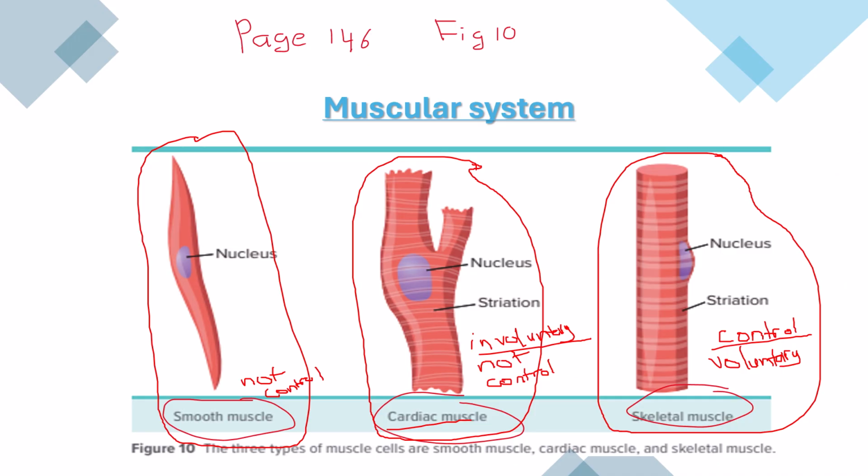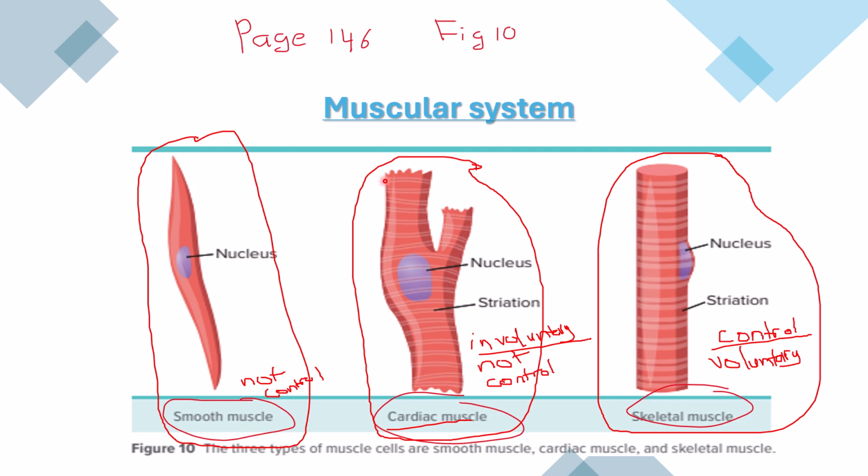Next is the muscular system, page number 146, figure 10. That shows the 3 types of muscle cells: smooth muscle, cardiac muscle, and skeletal muscle. An easy way to understand which is which: if they give a microscopic image of cardiac muscle, you can see there is striation and there is branching, connected to the next layer.